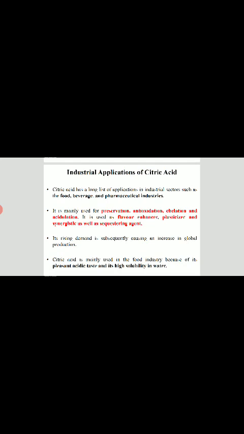What are the industrial applications of citric acid? Citric acid has a long list of applications in the industrial sector, in foods, in beverages, in pharmaceutical industries. Lots of uses are there. It is mainly used as a preservative, antioxidant, chelating agent, and acidulant.